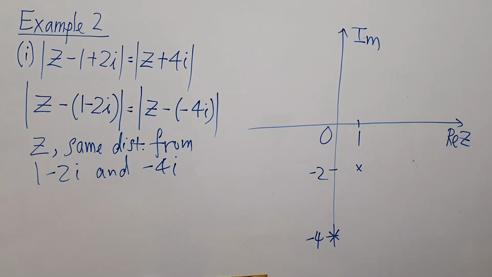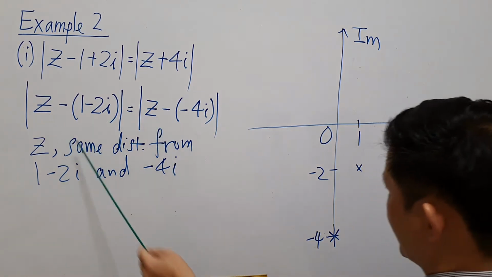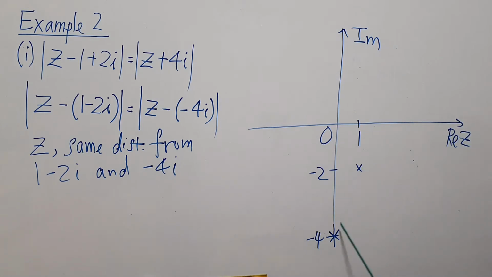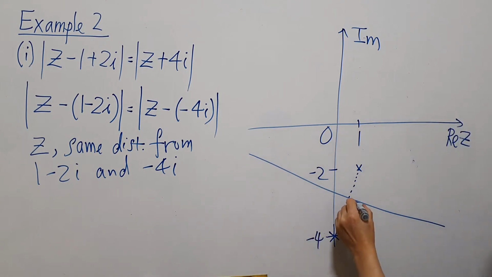So what happens is you are looking for points z which are the same distance from these 2 points. To have points the same distance from those 2 points, they will have to lie on the perpendicular bisector of these 2 points.